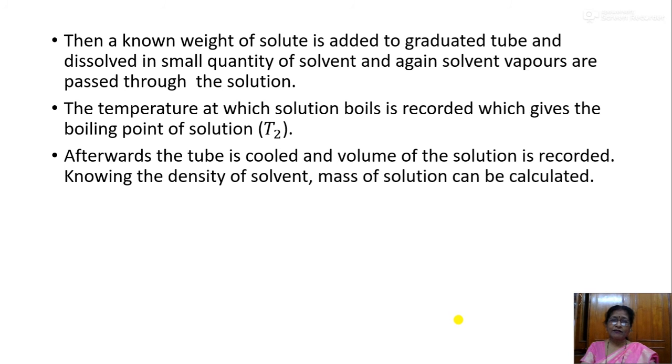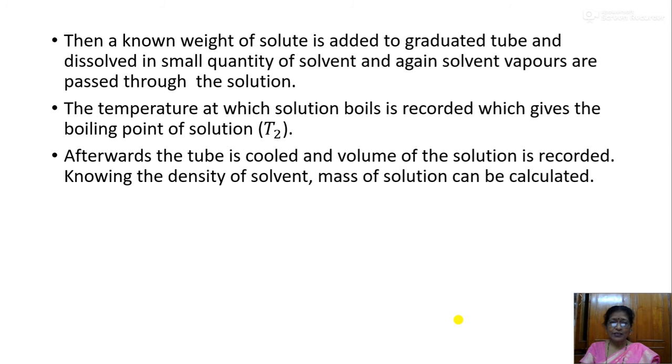Then a known weight of the solute is added to the graduated tube and dissolved in a small quantity of the solvent, and again solvent vapors are passed through the solution. The temperature at which the solution boils is noted. Earlier only the solvent boils. Now after adding the solute, the solution will start boiling and the temperature is recorded as T2.